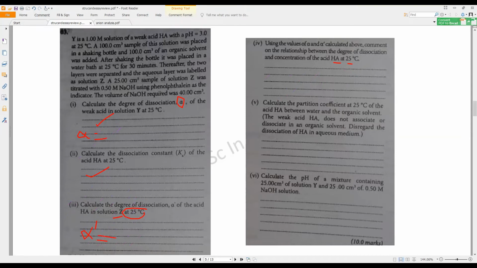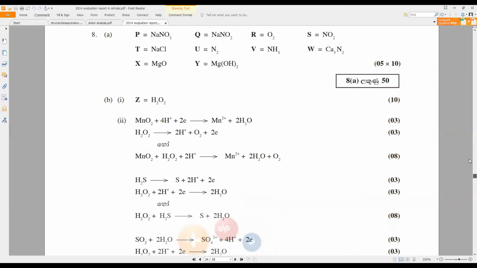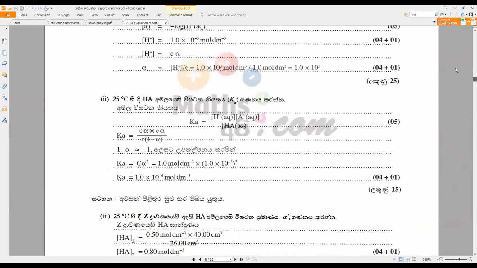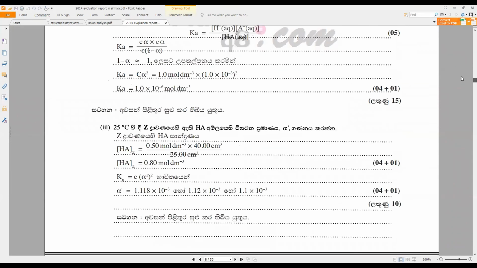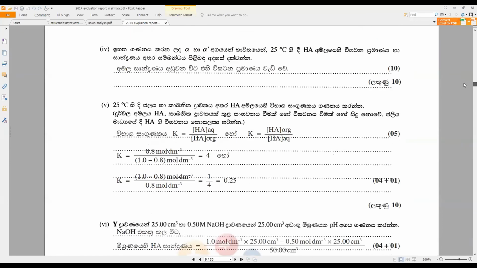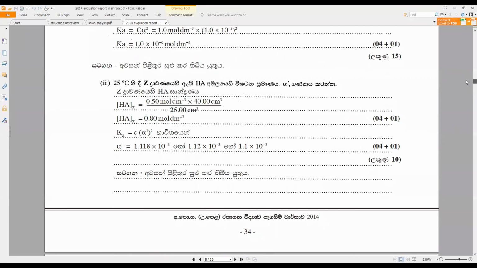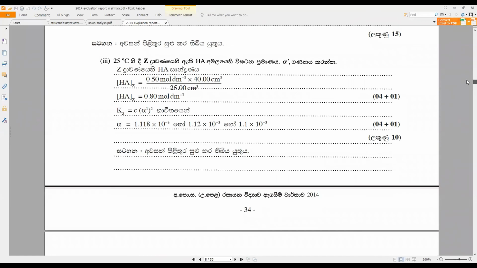Here I think we calculated alpha initially, in question number 1. Wait, I will check. Yeah, 10 to the power minus 3, and here alpha was 1.1 into 10 to the power minus 3.